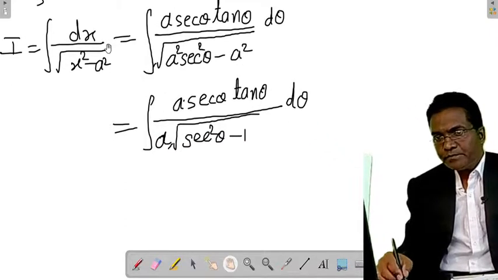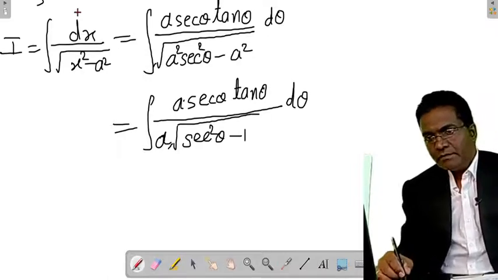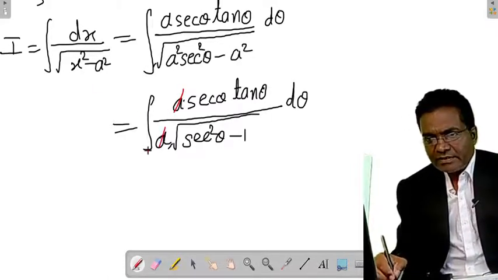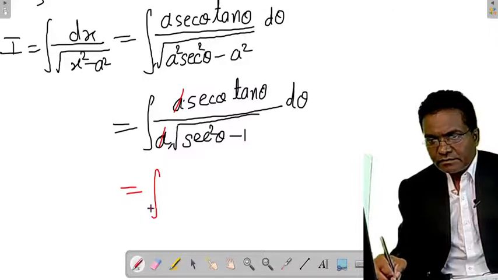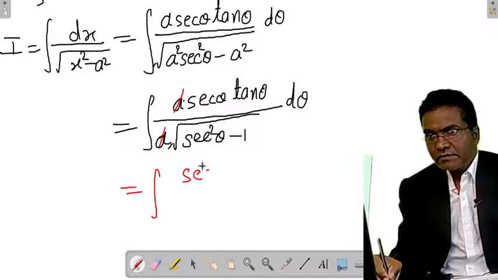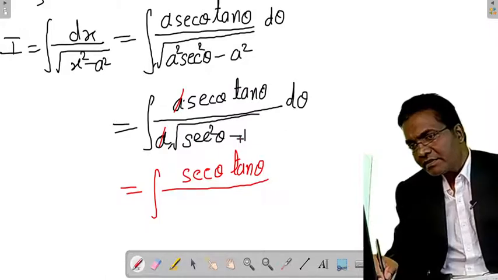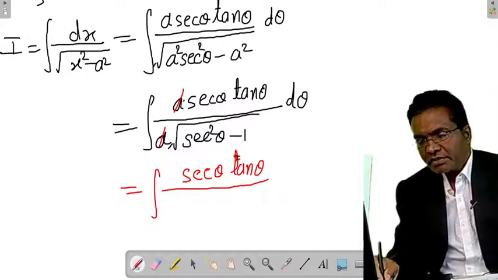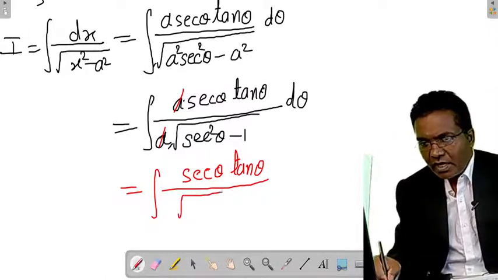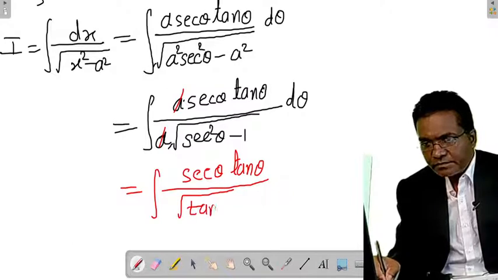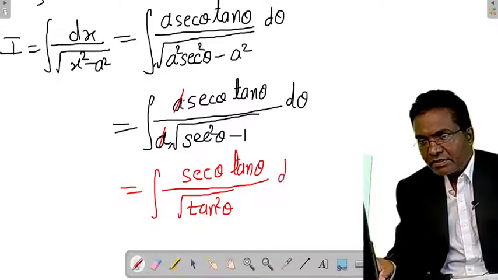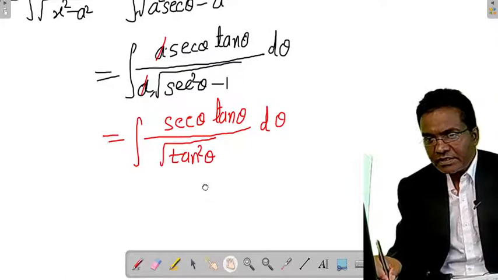I hope you agree. Now a cancels. So here sec theta into tan theta whole divided by the integral, that's square root of sec square theta minus 1. So sec square theta minus 1 is tan square. So under root tan square theta d theta.